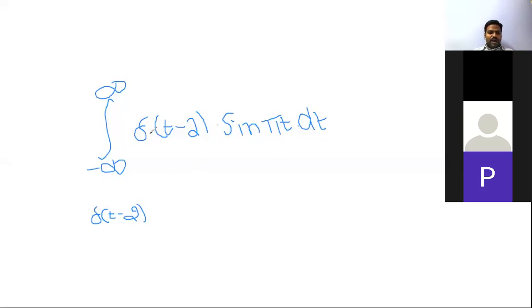See here, delta of t minus 2 is equal to 1 for, now tell me, at what value of time is that value equal to 1? No, t minus 2 is equal to 0. Please try to remember the basic definition.